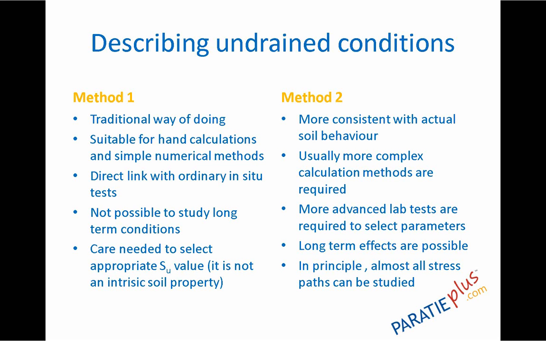Also we have to calculate the effective parameters that cannot normally be captured by in situ testing, but lab testing is normally necessary, like triaxial testing and so on. But in this case, in principle, everything can be calculated, and also we can calculate what happens when the undrained condition vanishes, which in soil mechanics is normally called the consolidation of soil.